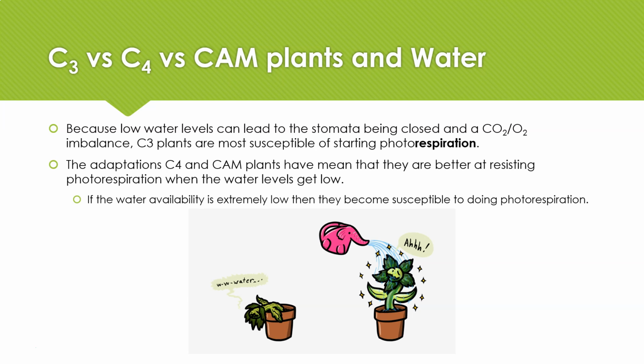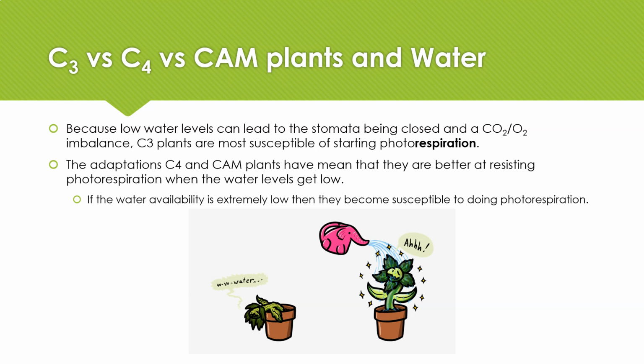So if you have low water levels in a C3 plant, and if you decrease that, you would expect to see less and less photosynthesis and arguably more and more photorespiration. And that would be happening for the C3 plant. On the other hand, C4 and CAM plants have their own specific adaptations, so as those water levels drop and the guard cells shut and subsequently the carbon dioxide levels decrease and the oxygen ones increase, you would expect the C4 and the CAM plants to reasonably be able to keep doing photosynthesis as well as they have been and not really change.